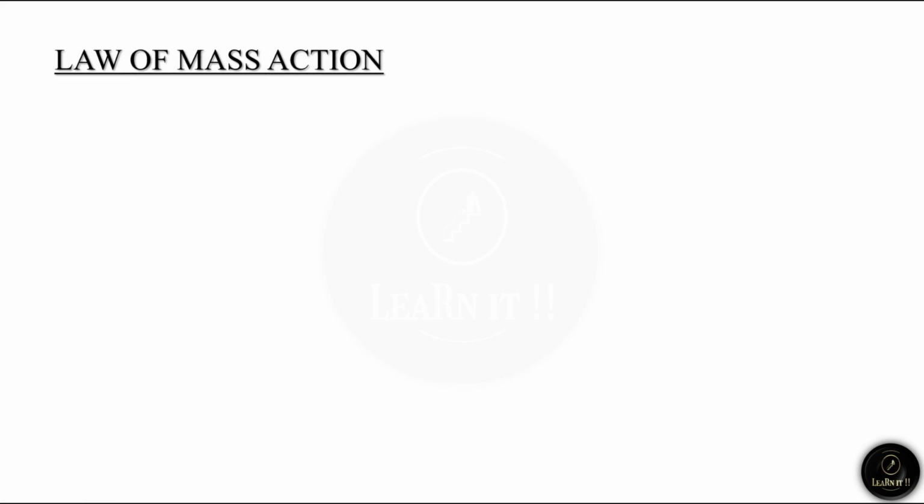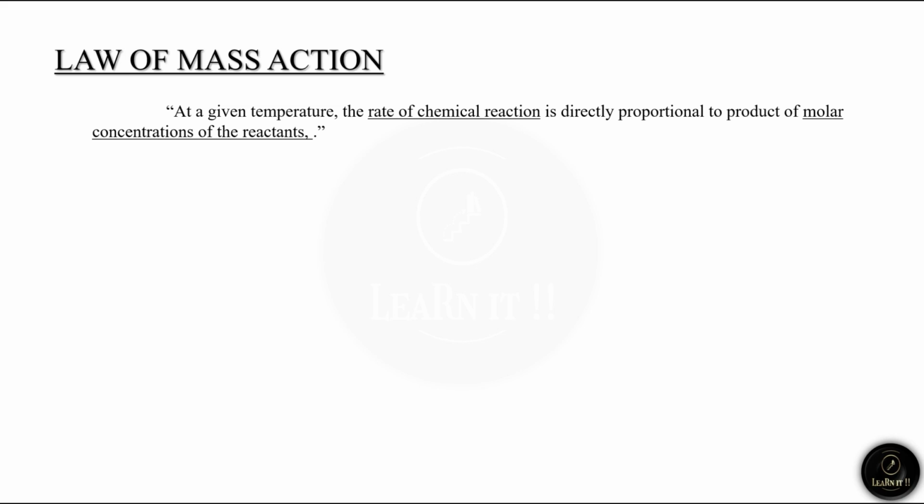According to the law of mass action, the rate of a chemical reaction is directly proportional to the product of molar concentration of the reactants. So let us consider a hypothetical reaction, that is, reactants are converting into products. So according to the law of mass action, the rate is directly proportional to the concentration of the reactants.